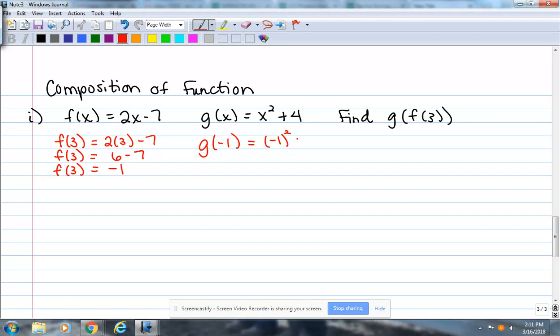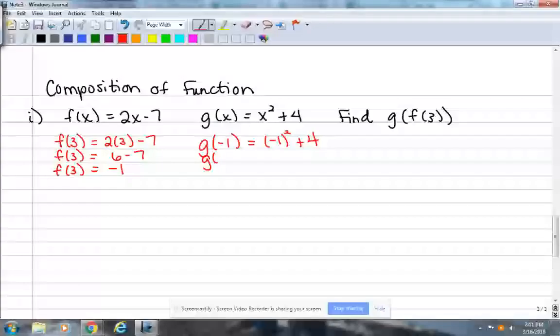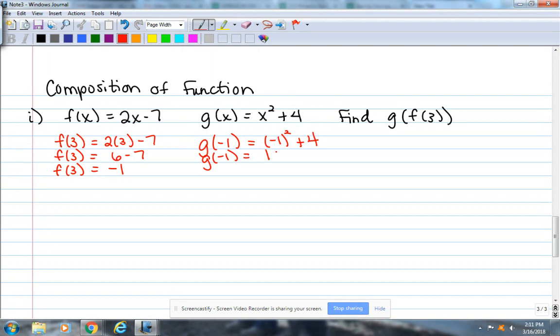Negative 1 squared plus 4. What is negative 1 squared? What is 1 plus 4? So my answer for g of f of 3 equals 5. So start on the inside, work your way out.